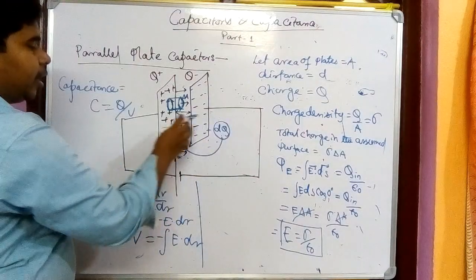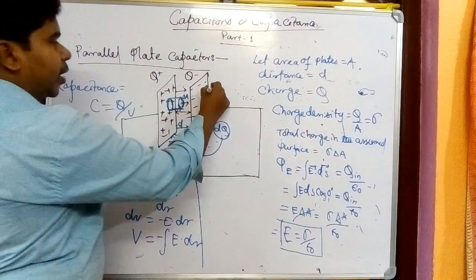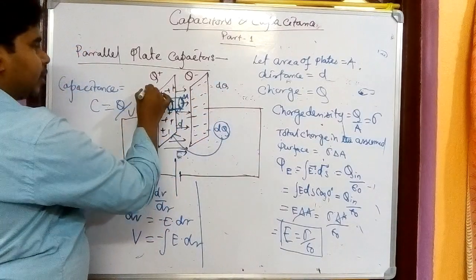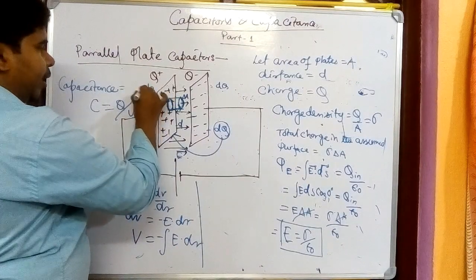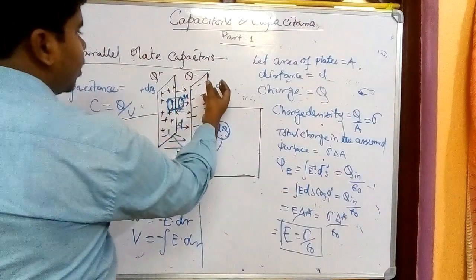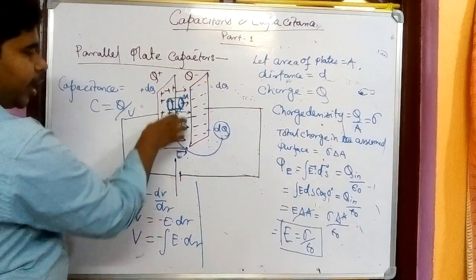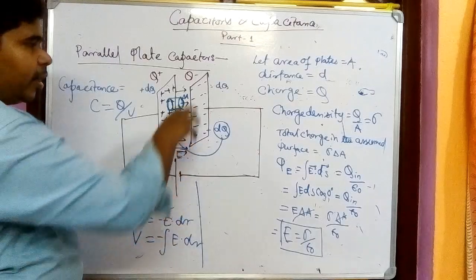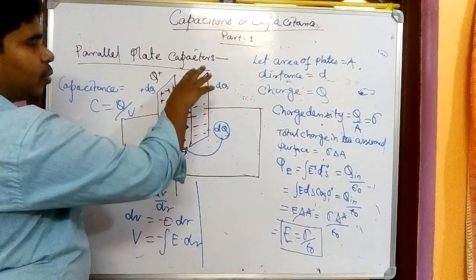As you have taken dq charge from here, the net charge here will be minus dq, and here if you add plus dq, it will be added. Whenever the charge is being created here, we are assuming that charge is thrown here one by one and caught, and by that the total positive charge has come, and here one by one the charge is less, that's why it is negative.